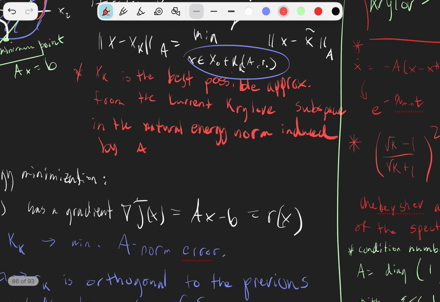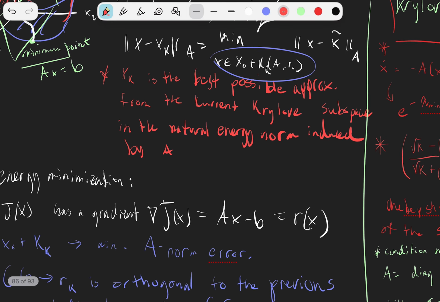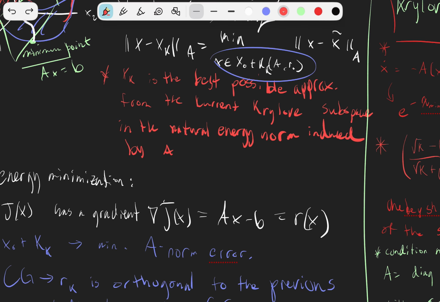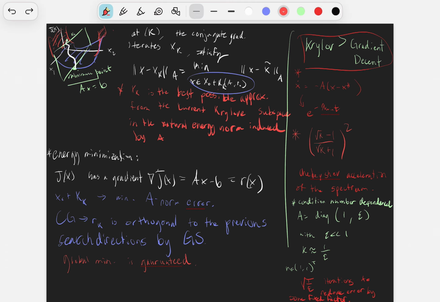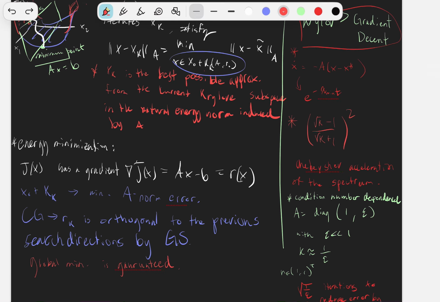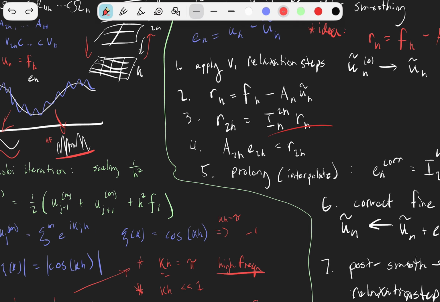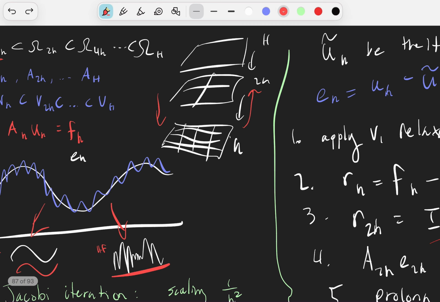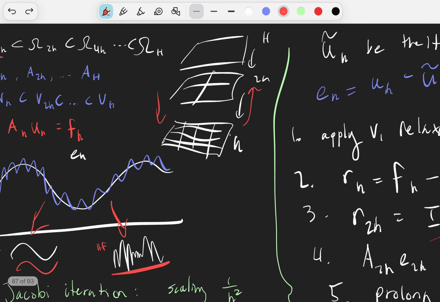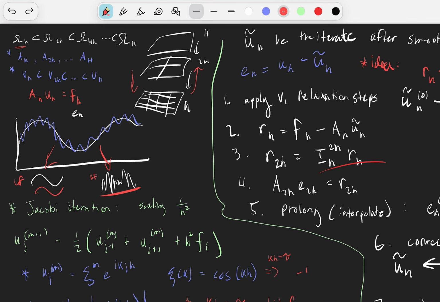This is the best possible approximation from the Krylov subspace, given a natural energy norm that's induced by A onto that particular projection scheme. But what's important here is we got something independent of h. It's like a hierarchical frequency decomposition instead of Krylov powers. So this is just another thing to chew on.